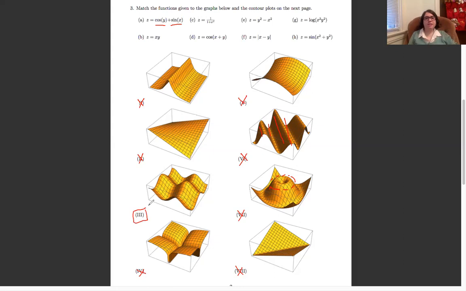Another thing I can use as a hint is that when I'm looking at this, if I switch y with negative y, I should get symmetry, because cosine of negative y is the same as cosine of y. If I switch x with negative x, then I should not get symmetry, I should get reflection.